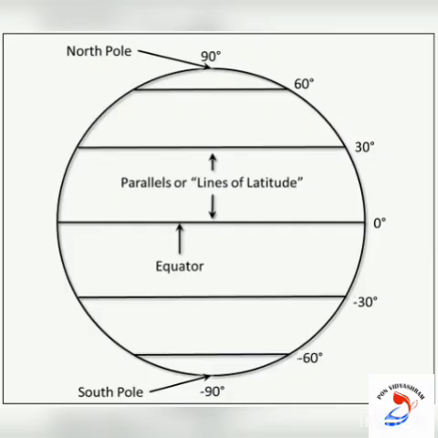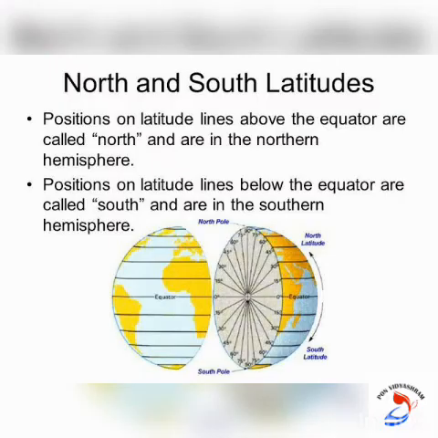Thus 90 degrees north latitude marks the North Pole and 90 degrees south latitude marks the South Pole. All parallels north of the equator are called north latitudes. Similarly, all parallels south of the equator are called south latitudes.